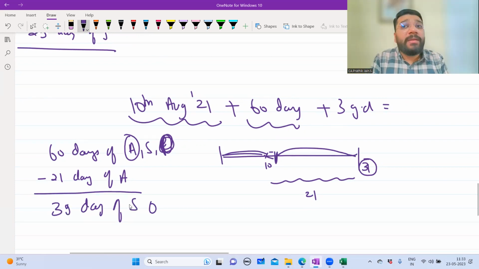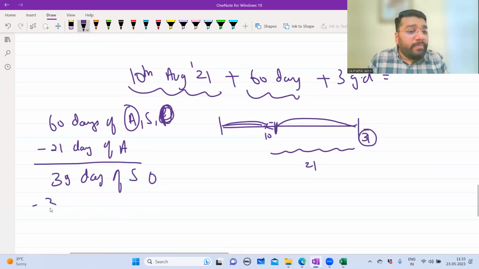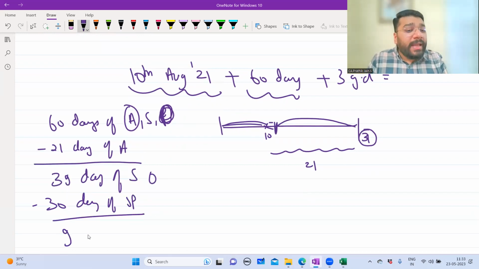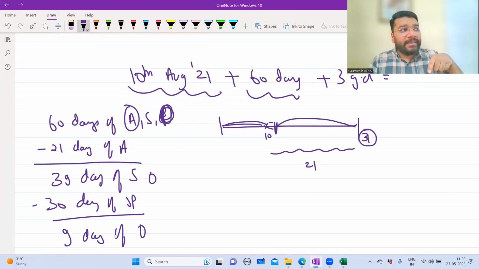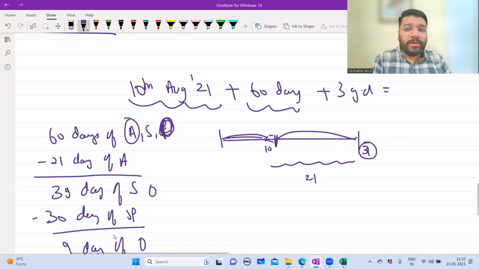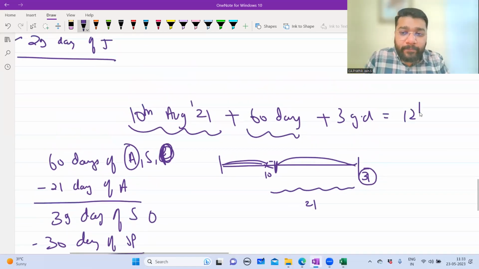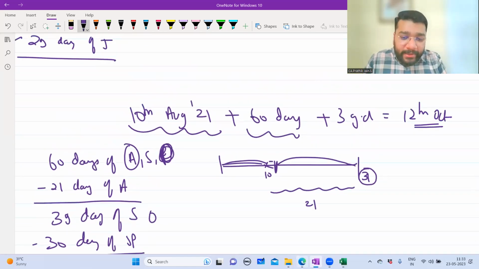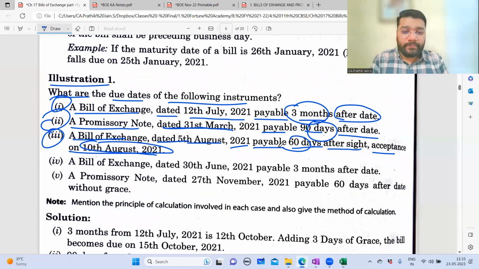So September has got how many days? So minus 30 days of September. So you land on the 9th day of October. So 9th October is the due date plus 3 grace days, 10, 11, 12. So 12th of October is your maturity date.